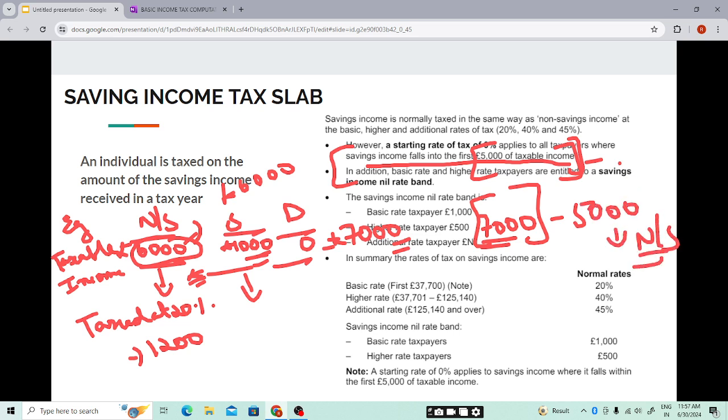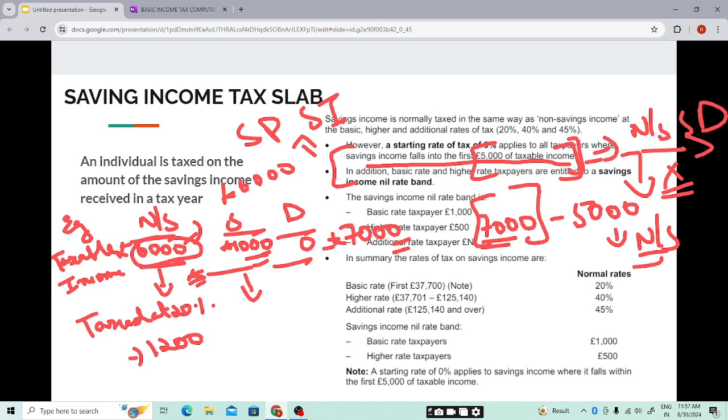So this rule will not apply. So the special rule will not be available for the saving income. The special rule of saving income will only be available if an individual's saving income falls within the first 5,000 of the taxable income. Taxable income is the total of NSI, SI and dividend, and this order needs to be followed.